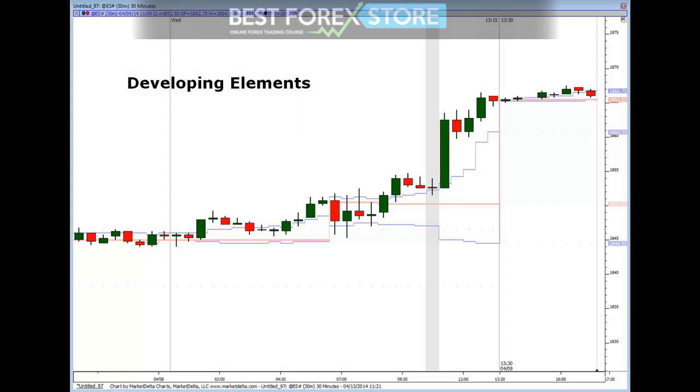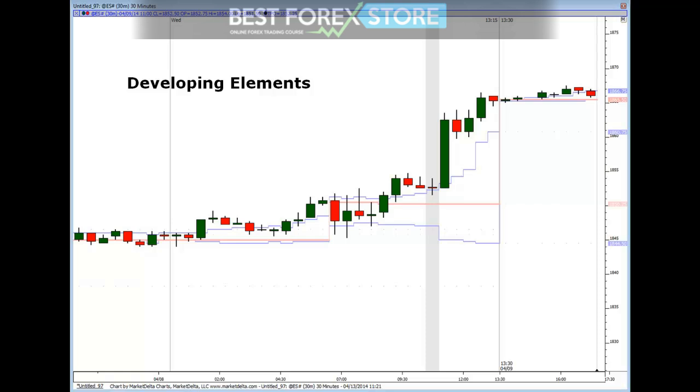Now, we've identified the three key elements as the volume point of control, the value area high, and the value area low. On this chart that you see here, I have nothing more than 30-minute candles for the ES Mini, and I have all three of the elements we've been talking about. Yes, I have the value area high, the value area low, as well as the volume point of control.